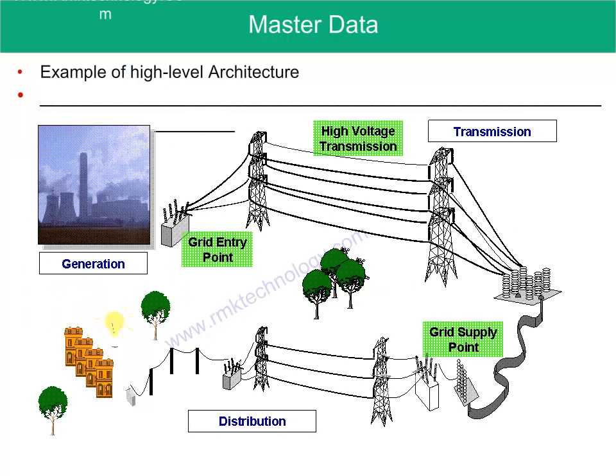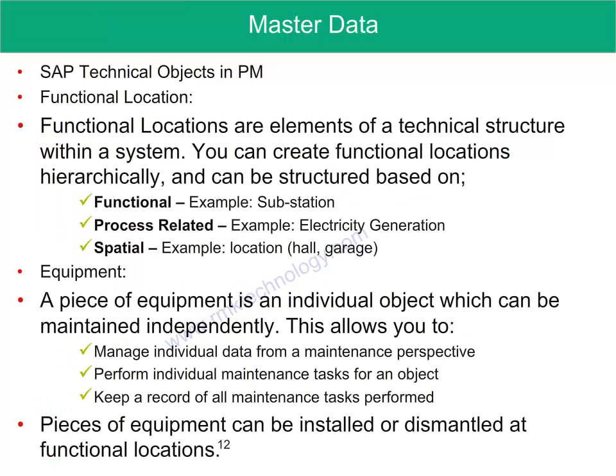This slide shows a high-level electricity value chain architecture diagram. Main components involved in the electricity value chain are power generation, grid entry point, high voltage transmission, grid supply point, and distribution. This and the subsequent slide explain SAP technical objects in PM.